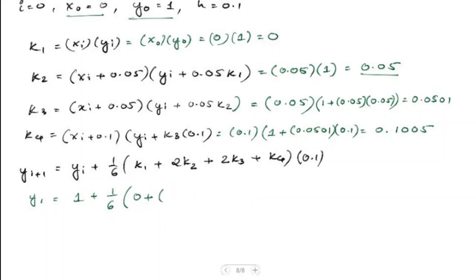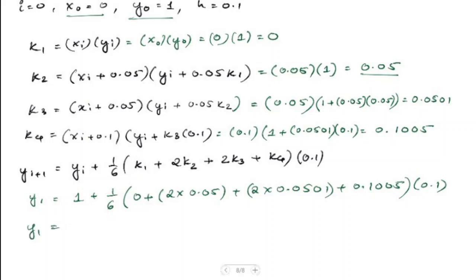So here we'll have 2 times k2, which is 0.05, plus 2 times k3, that's 0.0501, plus we have k4, that's 0.1005, and times we have the h, which is 0.1, and this gives us that y1 is equal to 1.0050.